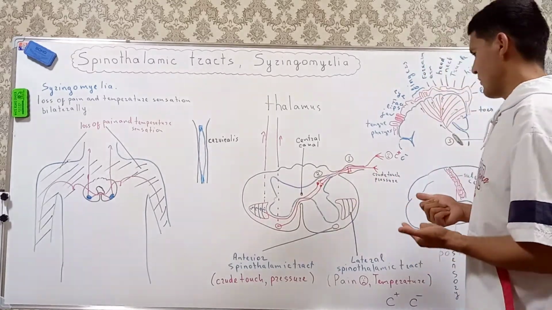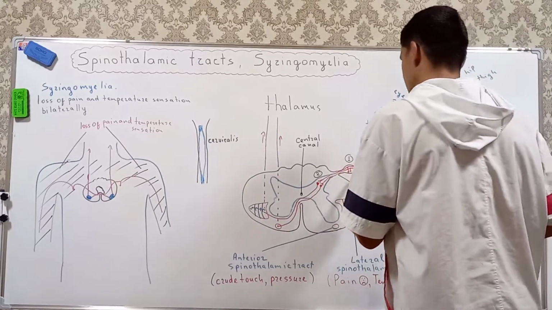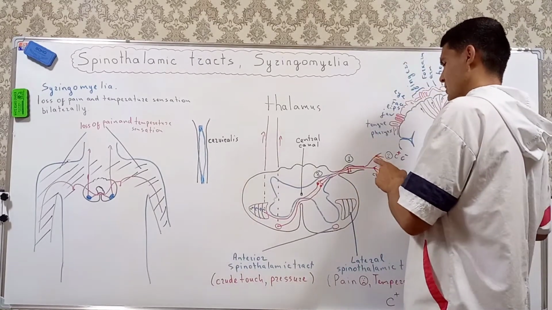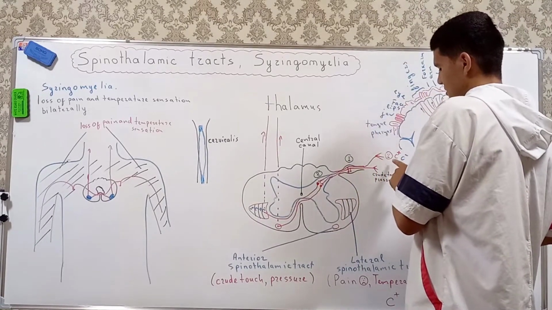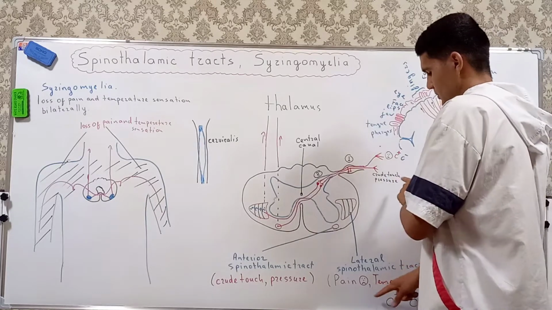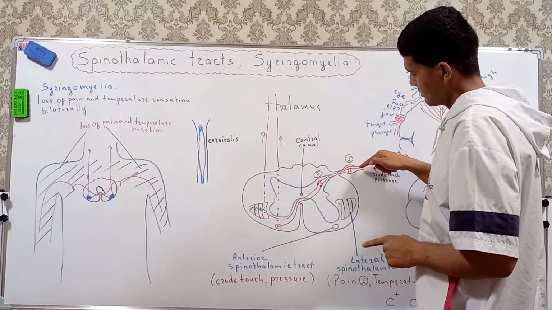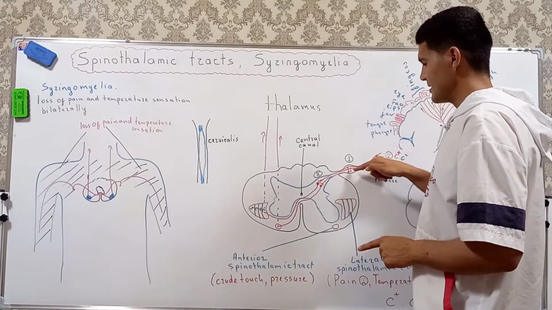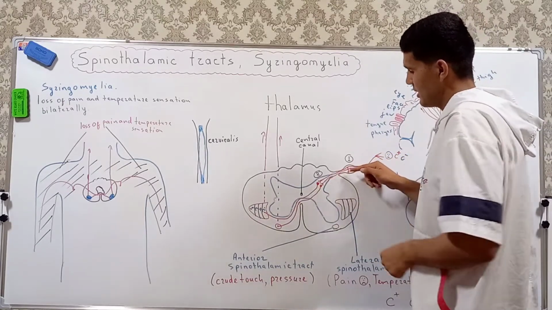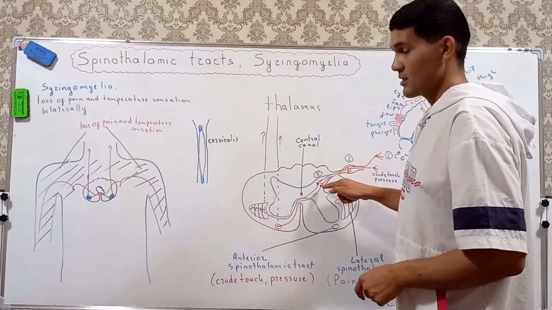The first neuron is a pseudounipolar neuron. Peripheral fibers carry information about pain, temperature, crude touch, and pressure to the pseudounipolar cells, and central fibers carry this information to the second neuron.